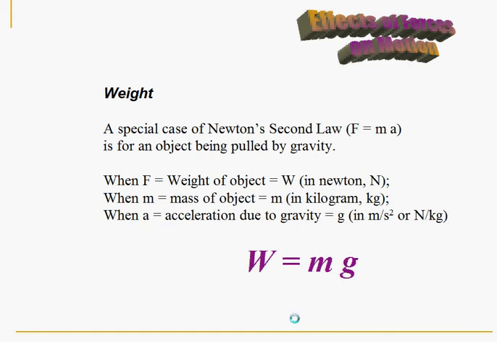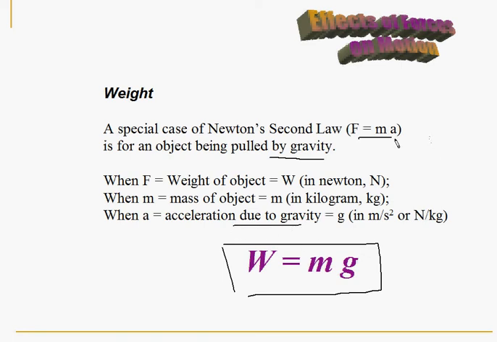Okay, a case of Newton's second law of motion, F equals ma, is due to that of gravity. You look at this formula here. W equals mg. Weight is equal to the mass multiplied by the gravitational acceleration. So this weight is a type of force. m is obviously the mass. g is the acceleration due to gravity, which in this case is actually the value of a.